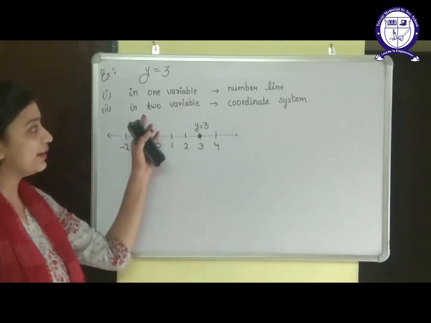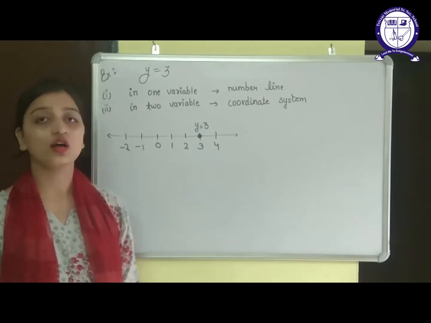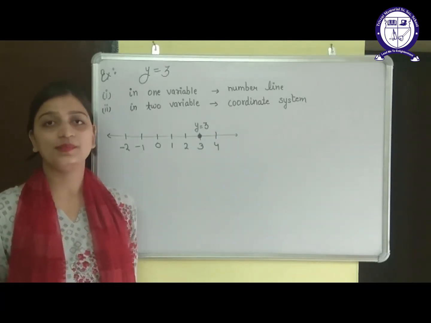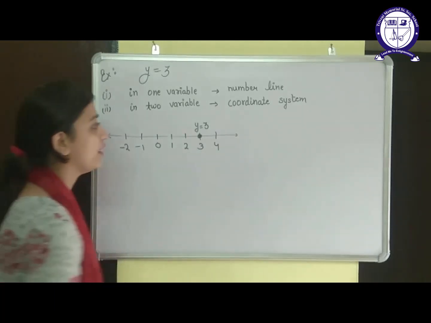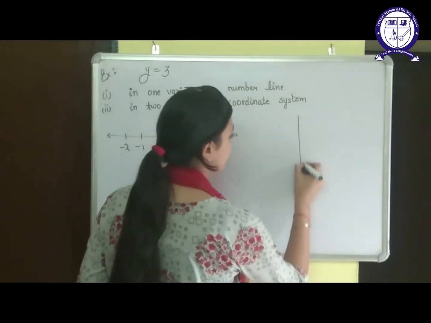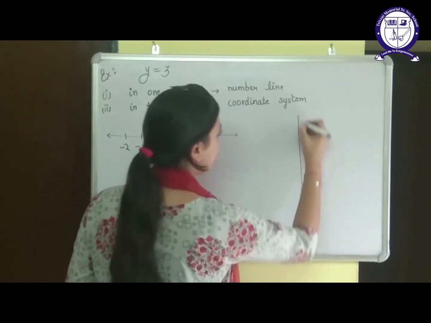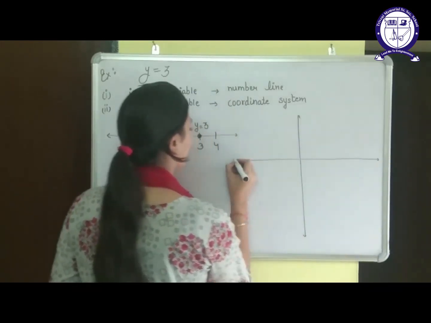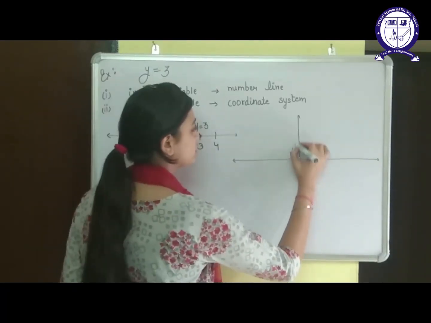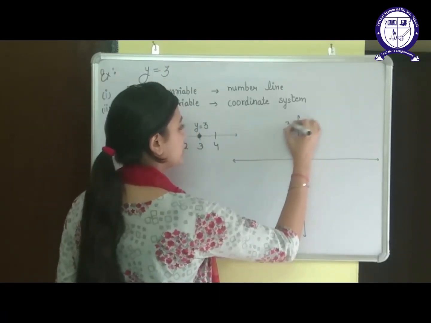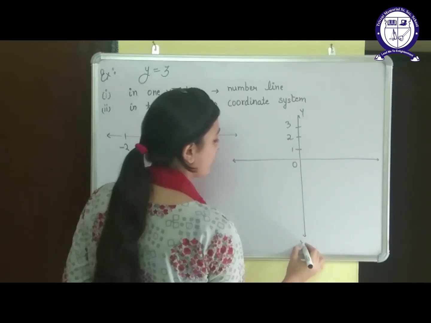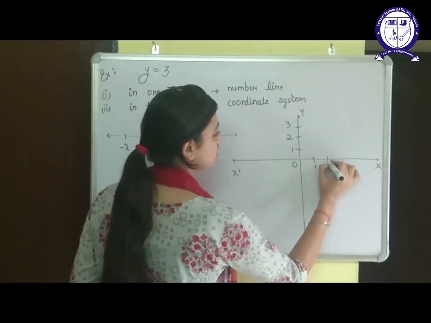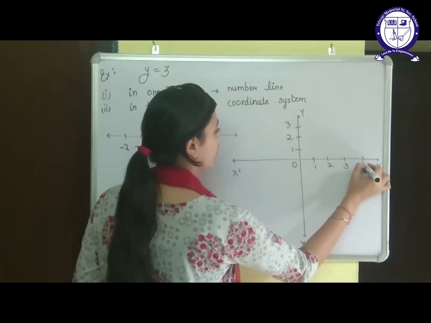Now in two variables, I need to form the coordinate system because it says two variables. So there will be x and there will be y. In the coordinate system, I will draw it like this. Again 1, 2, 3. This is y, o, y dash, x dash, x, 1, 2, 3, 4.